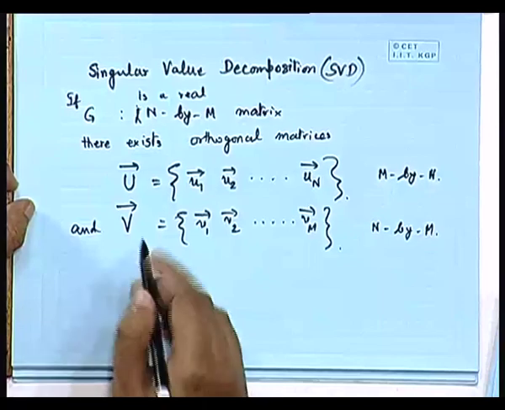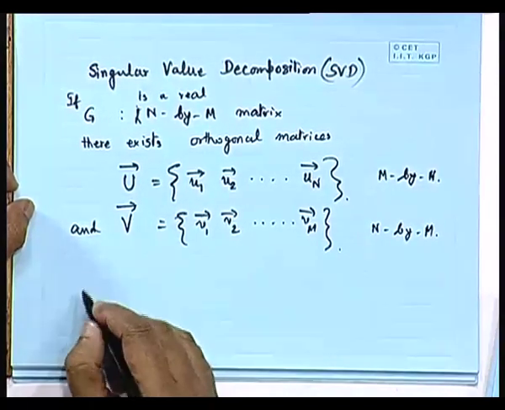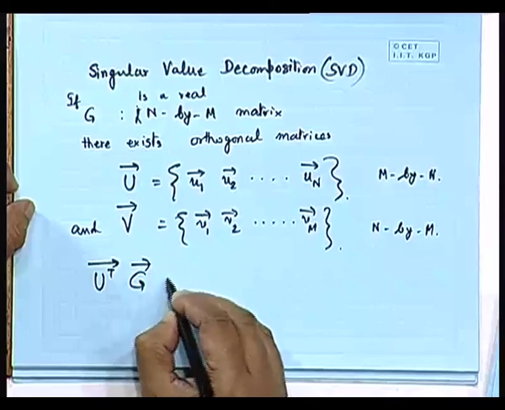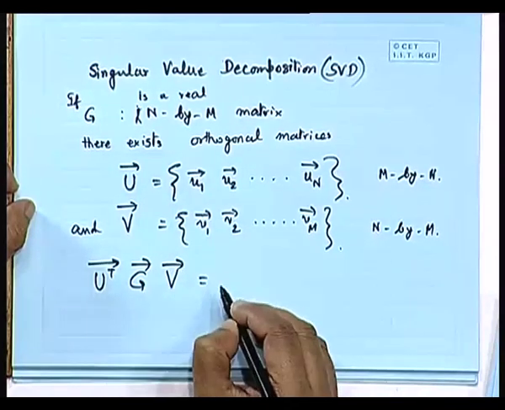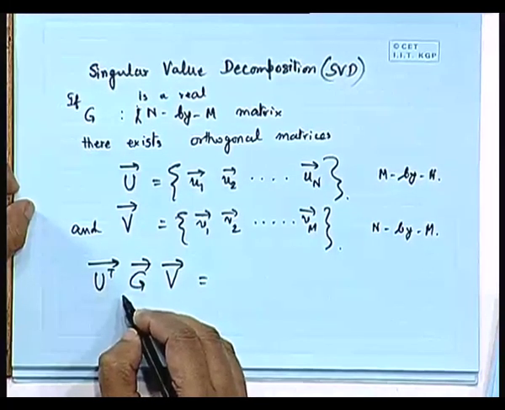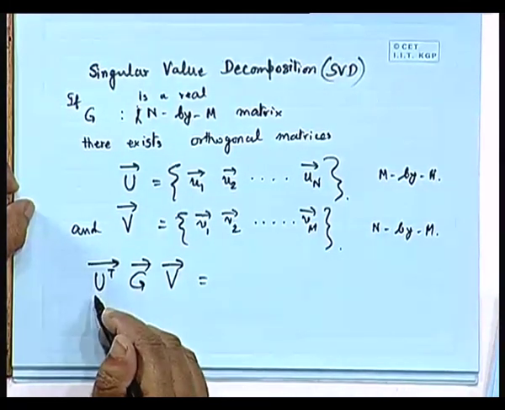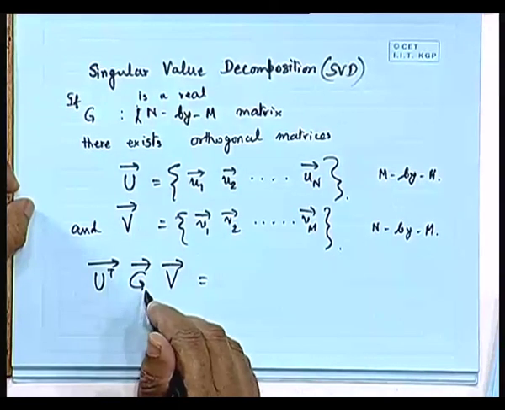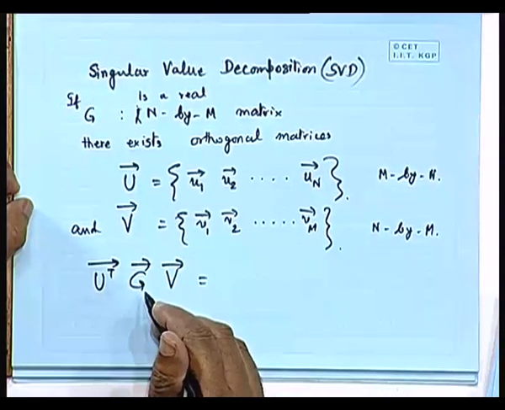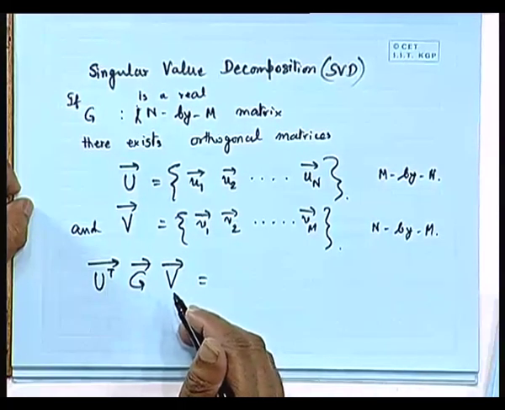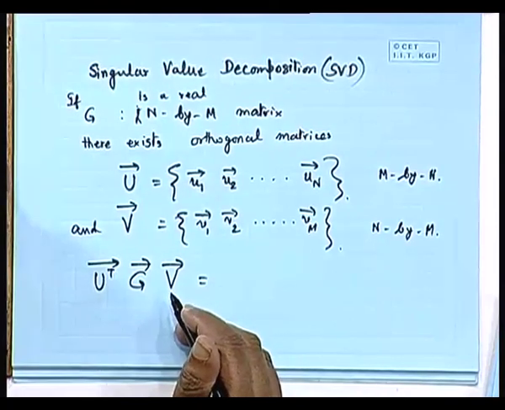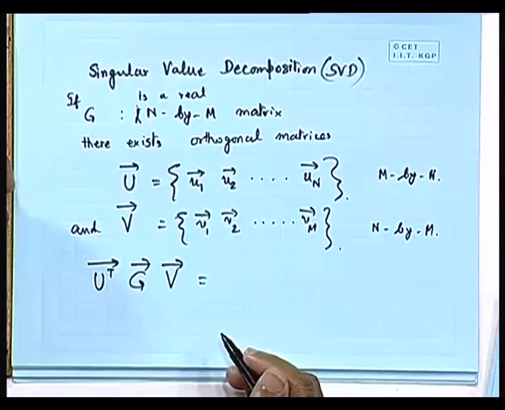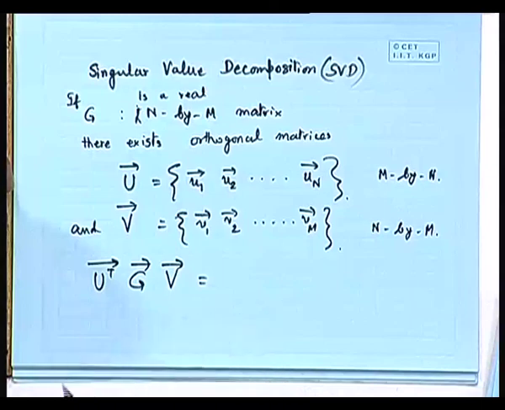Because it is possible to find U and V such that U transpose G V diagonalizes G, by pre-multiplication with U transpose and post-multiplication with V. The diagonals that result are referred to as singular values. So, by the choice of U and V, what we are essentially obtaining is a singular value decomposition.